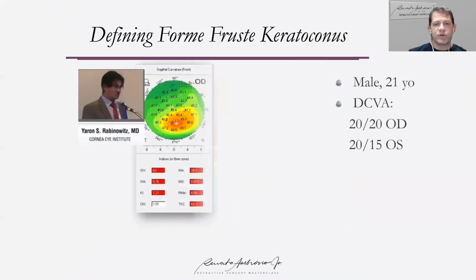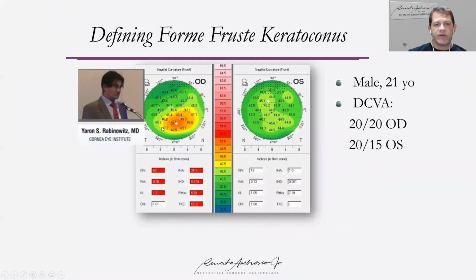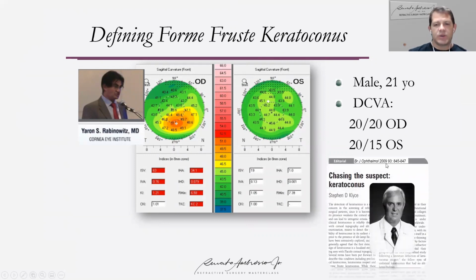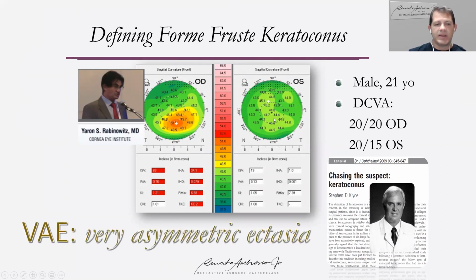And forme fruste keratoconus is defined by Aaron Rabinowitz as a case with abnormal topography from a patient that has good distance corrected vision and an almost normal slit lamp. Interestingly, Steve Klyce would add the fellow eye with a normal topography, sometimes related to unilateral disease, but I would say it's a little superficial to say it's unilateral, but those cases are better described as very asymmetric ectasia cases, and we learn tremendously from those.